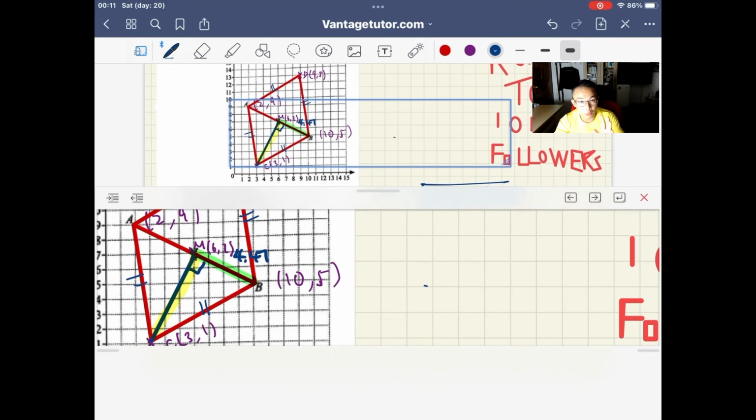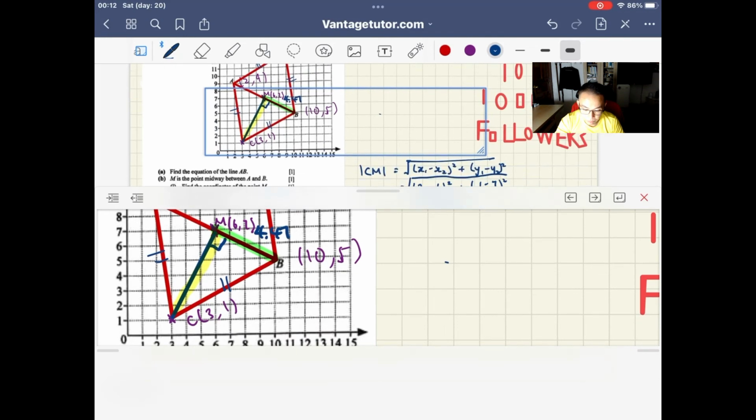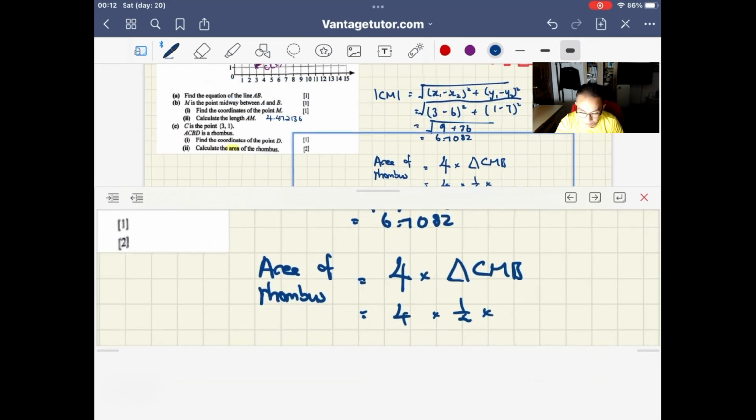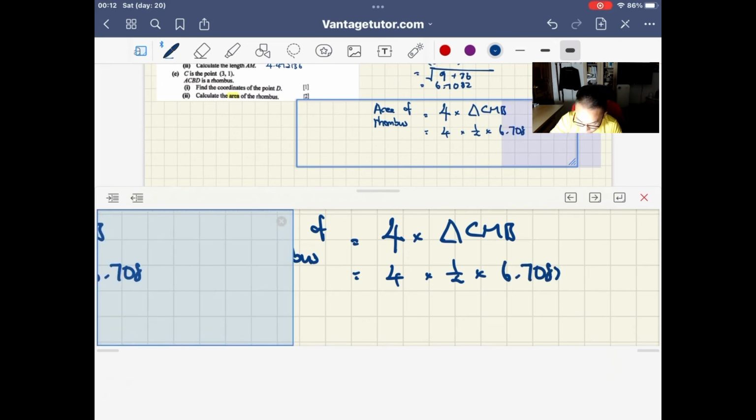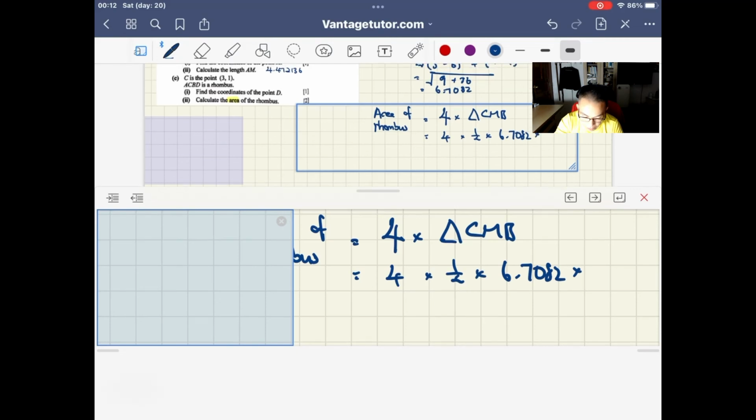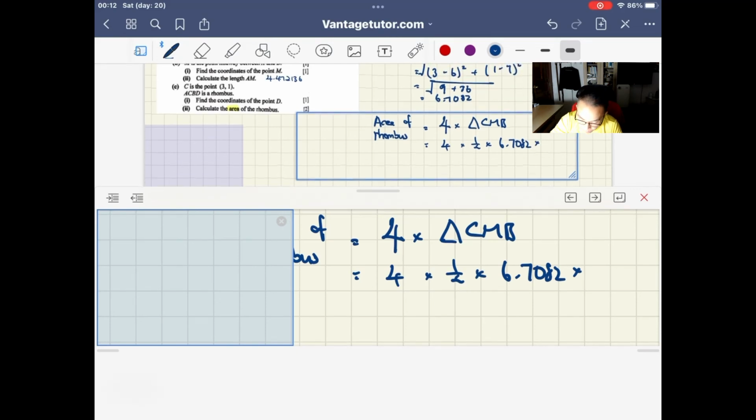Of course, I'm going to take more decimal places, because if you take the 3 SF one, your answer will be a bit off. Then multiply by my CM. Just now we found that CM is 6.7082. Multiply by my previous answer in B part 2, 4.472136.